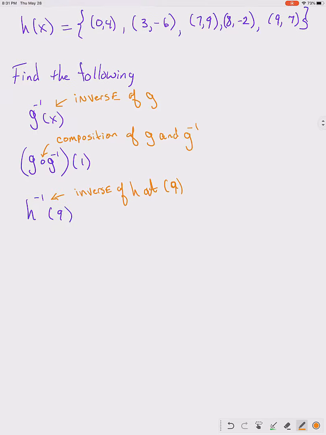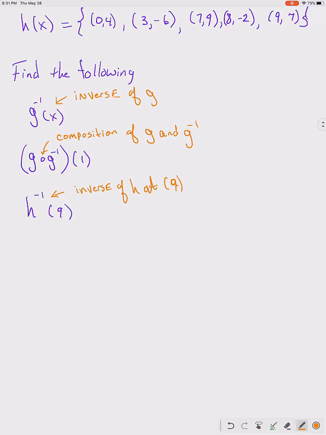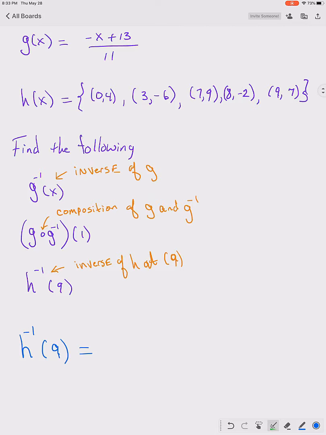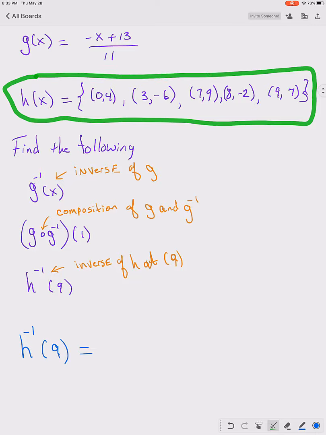Okay, so let's do the last one first. That's the easiest one. Let's do h inverse evaluated at 9, and figure out what that is. So we're talking about h, so we're going to look up at h and see how that's defined.